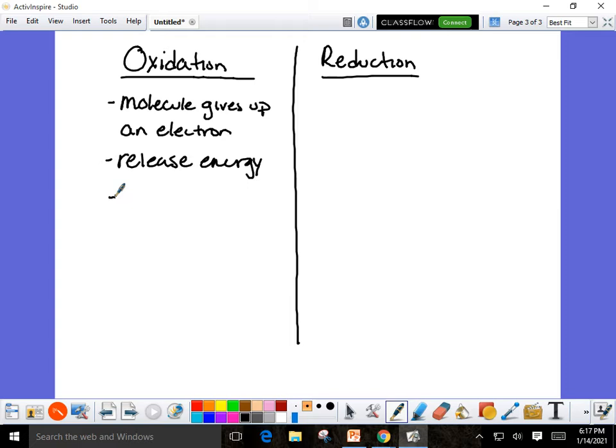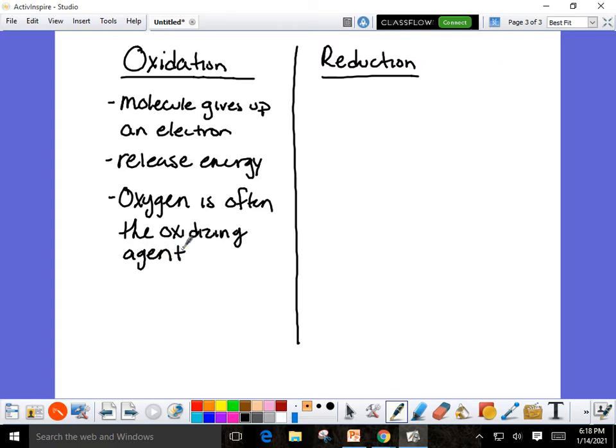Sorry, I have biology on the brain. It's what I call the electron acceptor. It is what is going to actually accept the electron from the molecule that is giving it up.